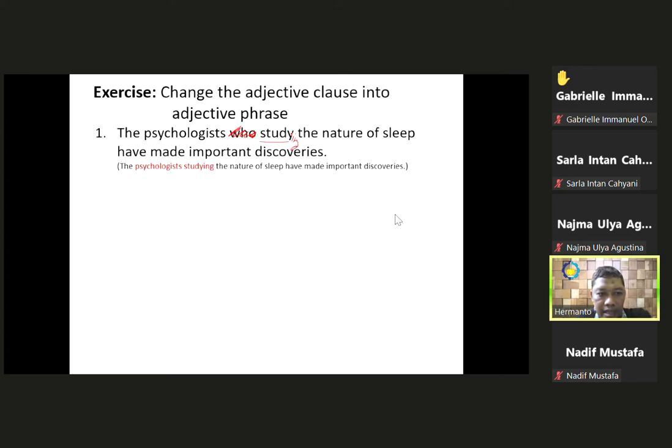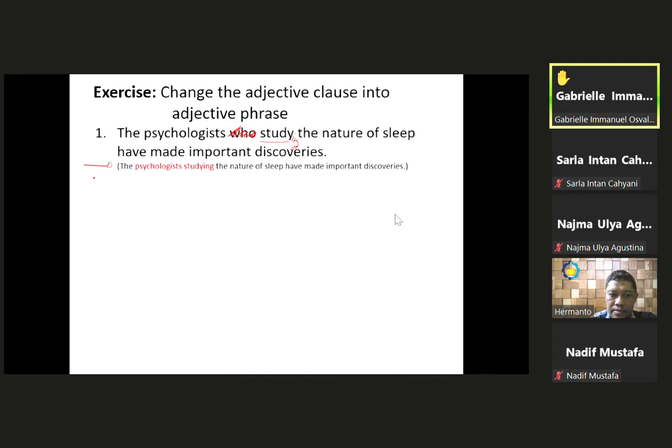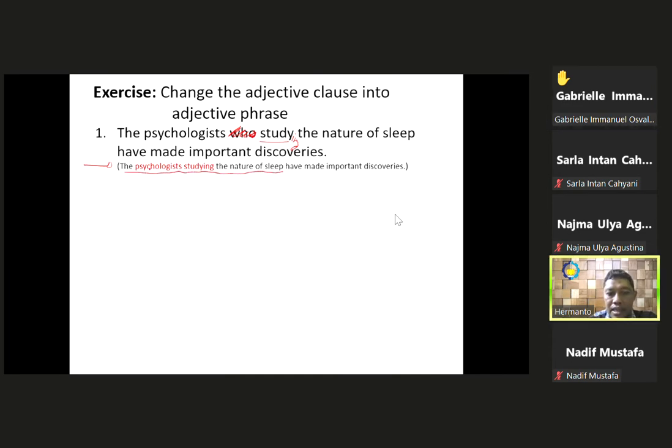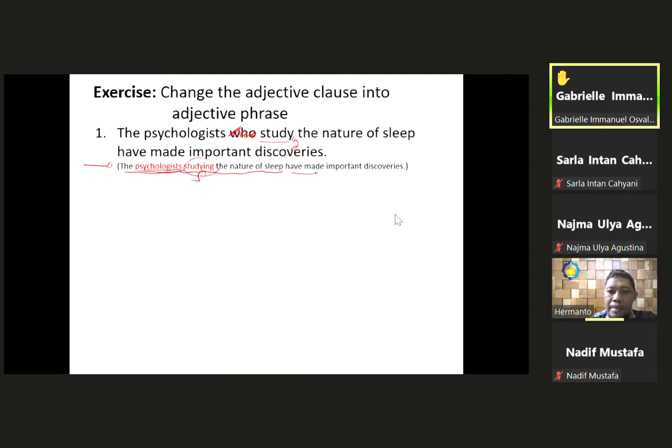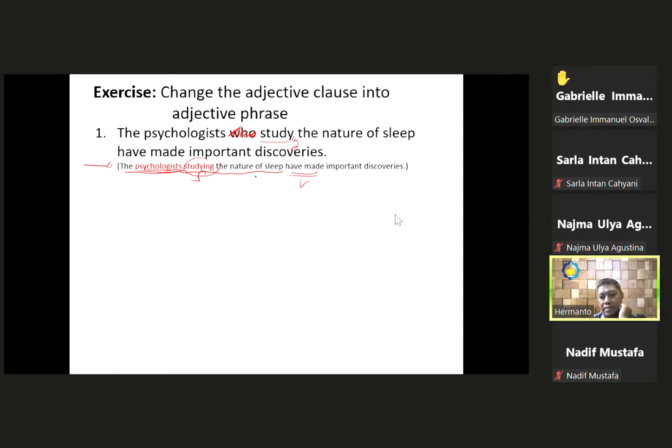Now, Gabriel, what is the subject of the sentence? The psychologists studying the nature of sleep. Actually, these are all the subject, and you pay attention to this noun as the main subject. And what is the predicate? Of course, it's not studying, but have made. This is the predicate. Very good. Thank you so much.